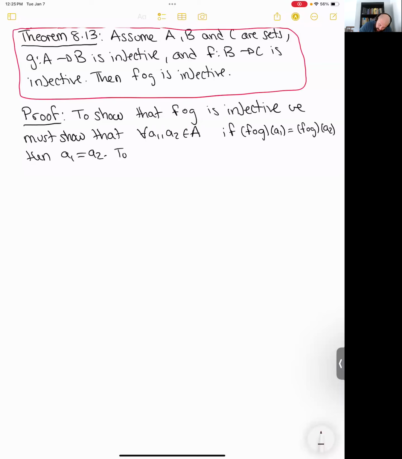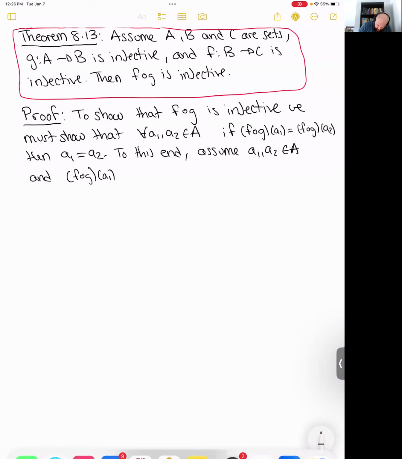Okay, so to this end, assume A1 and A2 are in A, and F composed with G applied to A1 is equal to F composed with G applied to A2.